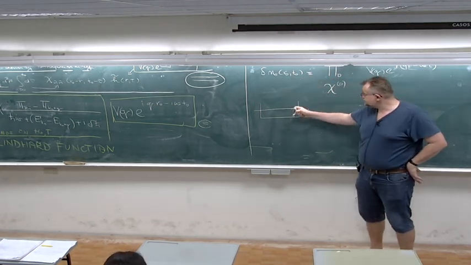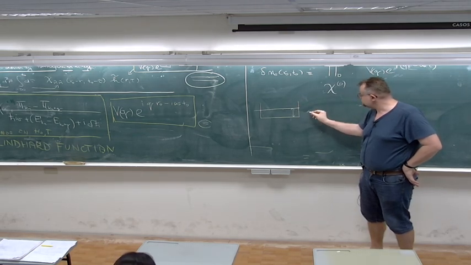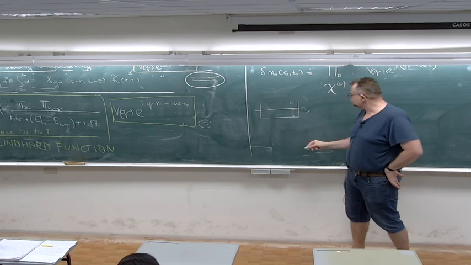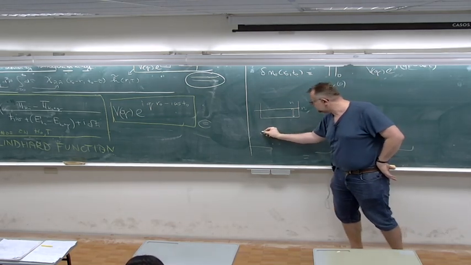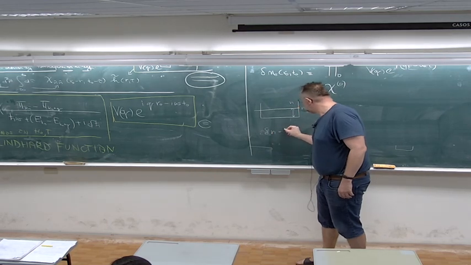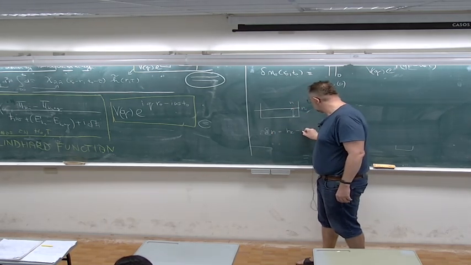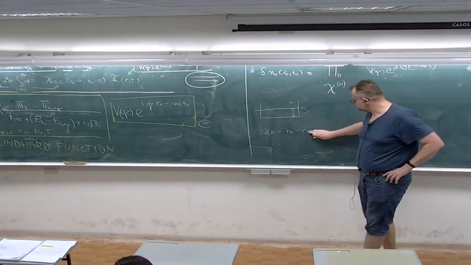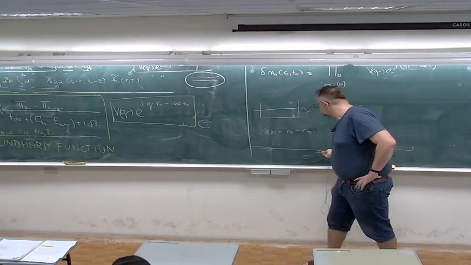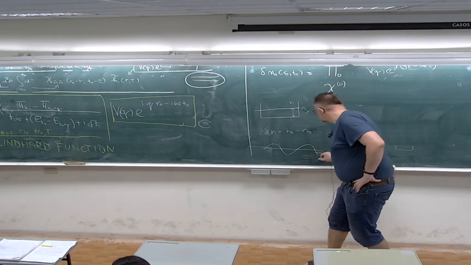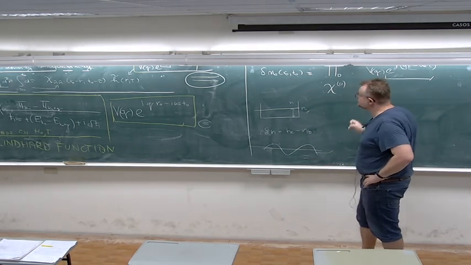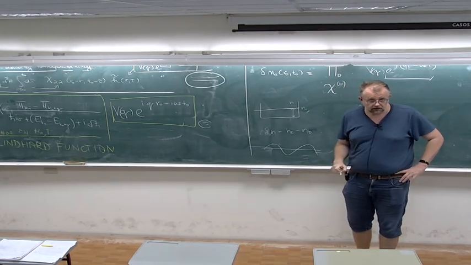And the difference between those two things, which I'm just plotting, is delta n: n0 is the density without the perturbation, n is the density due to the perturbation, and delta n is the difference in the electron concentration with and without the perturbation. And I'm seeing that it's some function, and this function has the same periodicity in space and time as the perturbation has. Right? This is the claim.